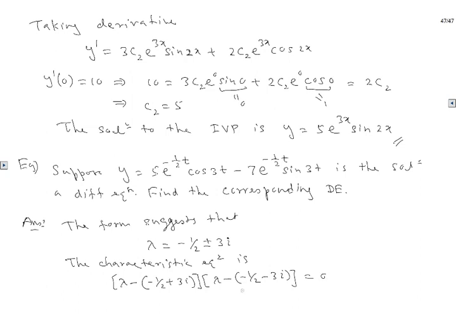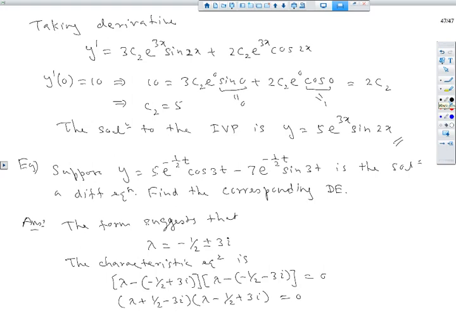Now we distribute the negative sign, and you simply end up getting lambda plus 1/2 minus 3i times lambda plus 1/2 plus 3i equals 0. That's what we get. Now we can simplify this further. We can distribute it and try to find an expression.